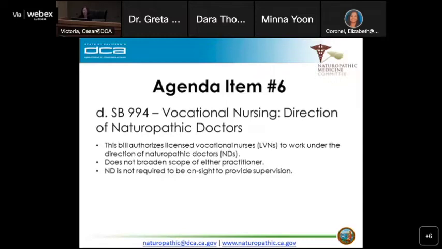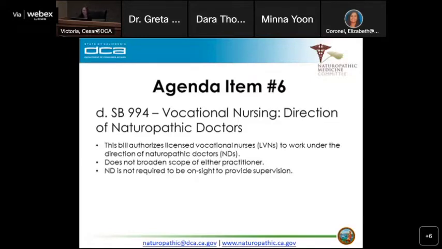I just wanted to let everybody know that this bill would authorize licensed vocational nurses to work under the direction of a naturopathic doctor. It will not broaden the scope for either the practitioner, the LVN, or the ND. Both members would be required to still work within their current scope. The ND is not required to be on site to provide supervision. There has been some pushback on this.